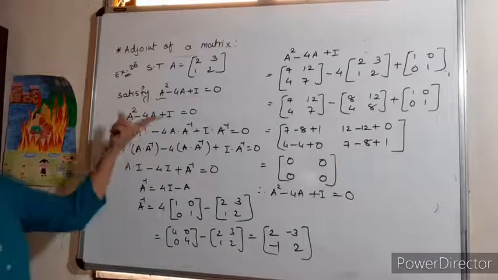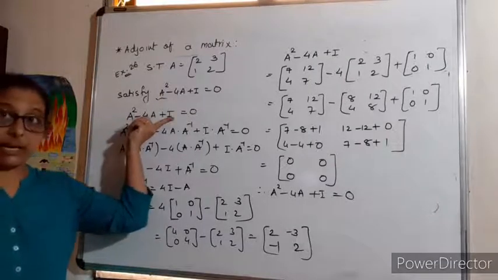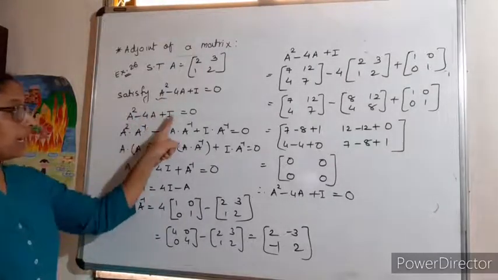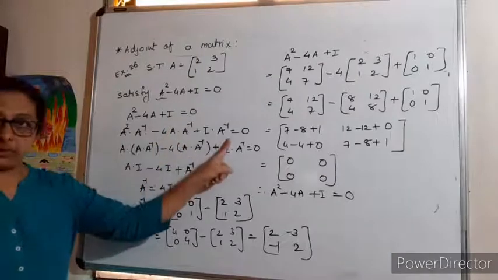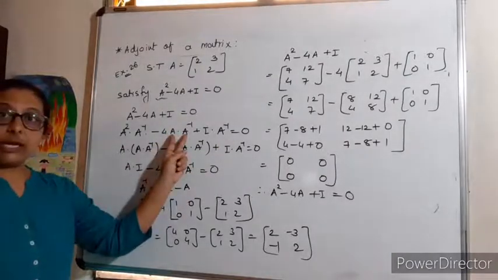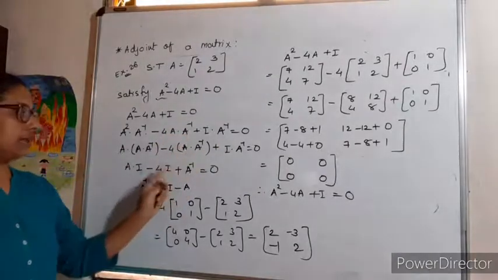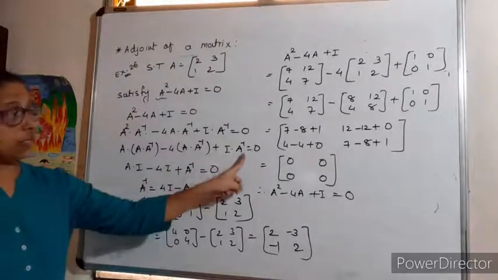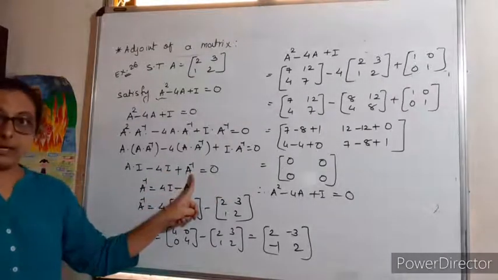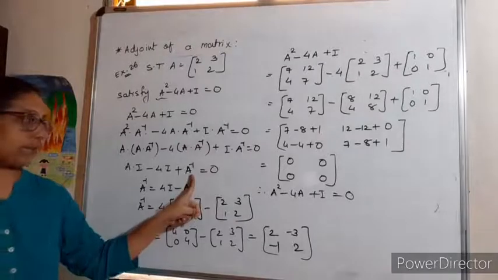What we have done: if you have to find the inverse using this, you just multiply A inverse in each and every term, where A into A inverse is identity. I into A inverse is A inverse. If you multiply something with identity, it stays the same.